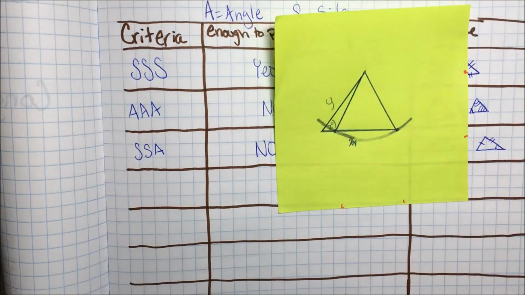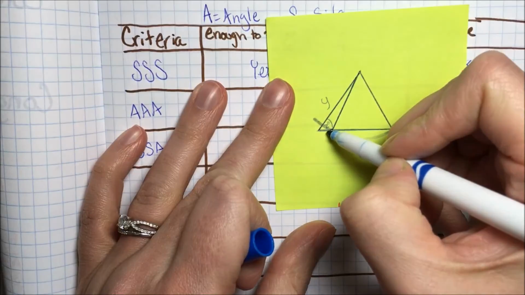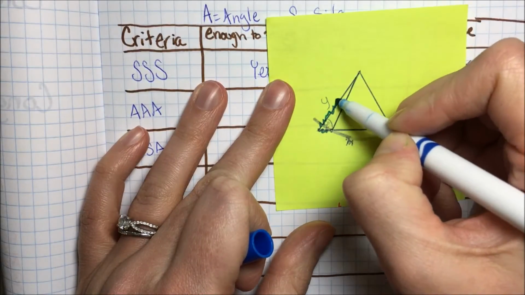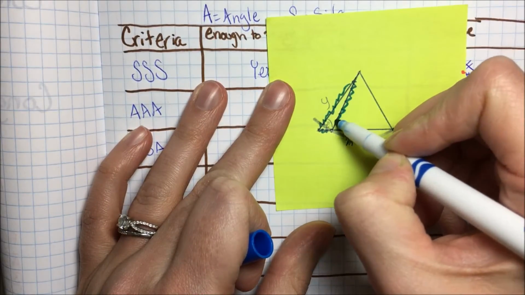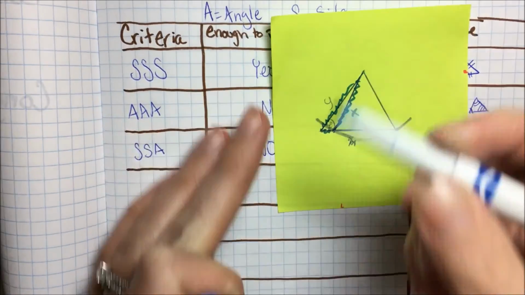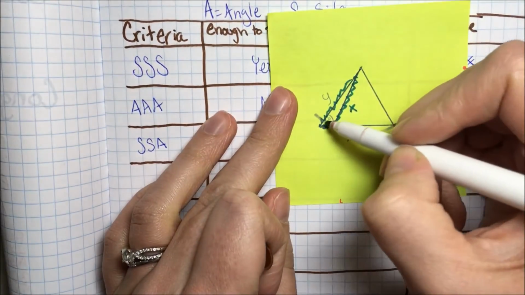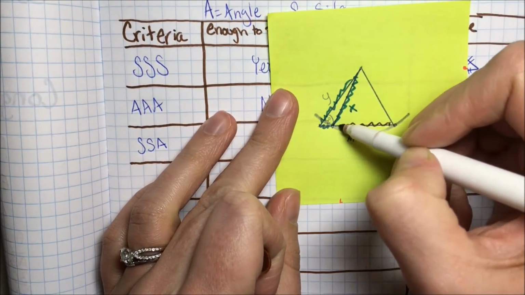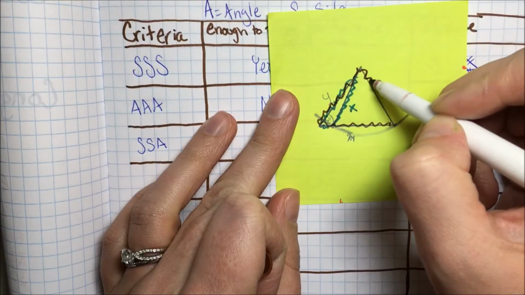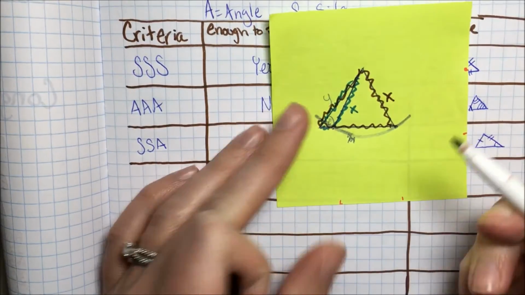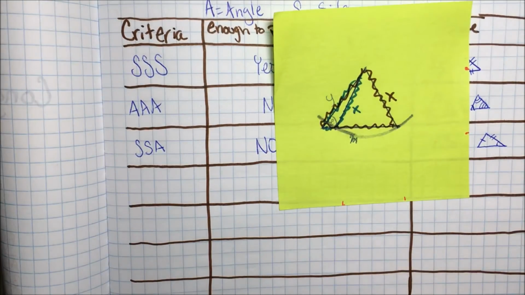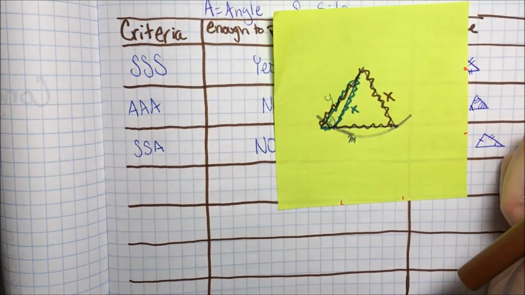So the first triangle is this shape right here, and it has side x, side y, angle z. And the second triangle is this shape right here. And this length over here is also x, because I used it as the radius of that circle that I drew.